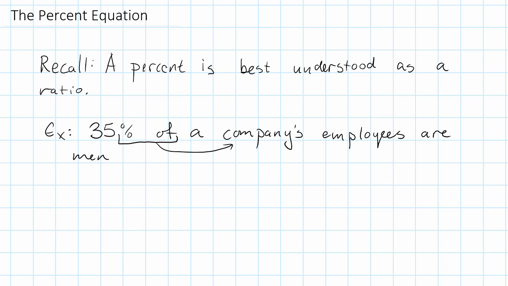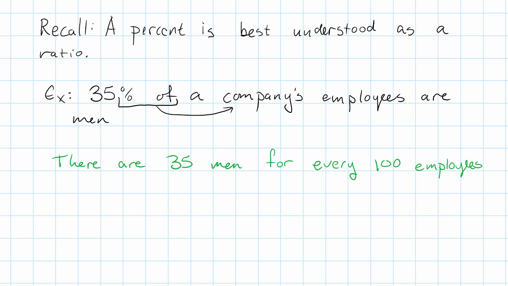We understand this 35% as the ratio of men to all employees. We understand this as saying there are 35 men for every 100 employees.